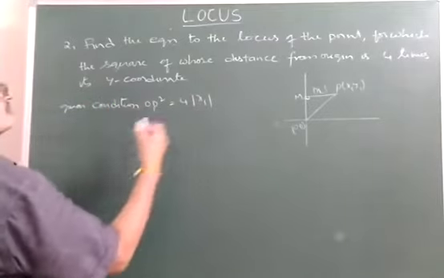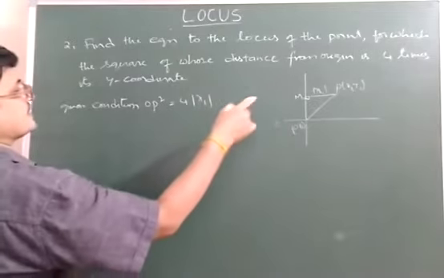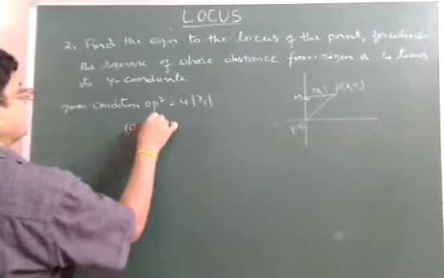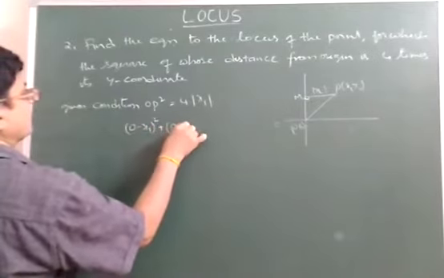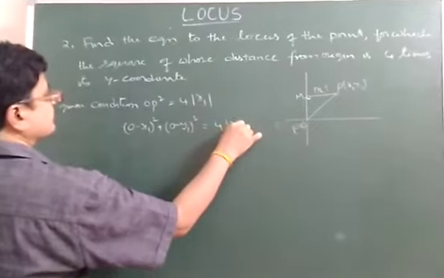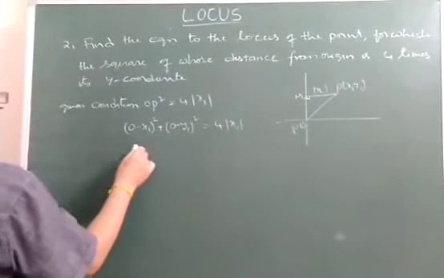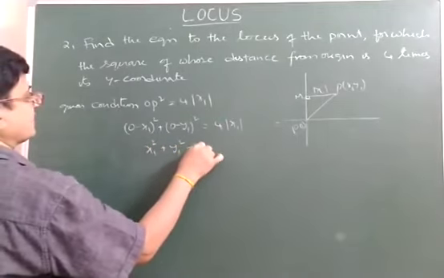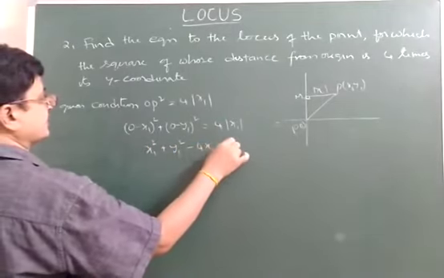Then applying OP square, that means the distance between the 2 points: (0 minus x1) whole square plus (0 minus y1) whole square is equal to 4 into mod x1. So expanding, x1 square plus y1 square minus 4x1 is equal to 0.